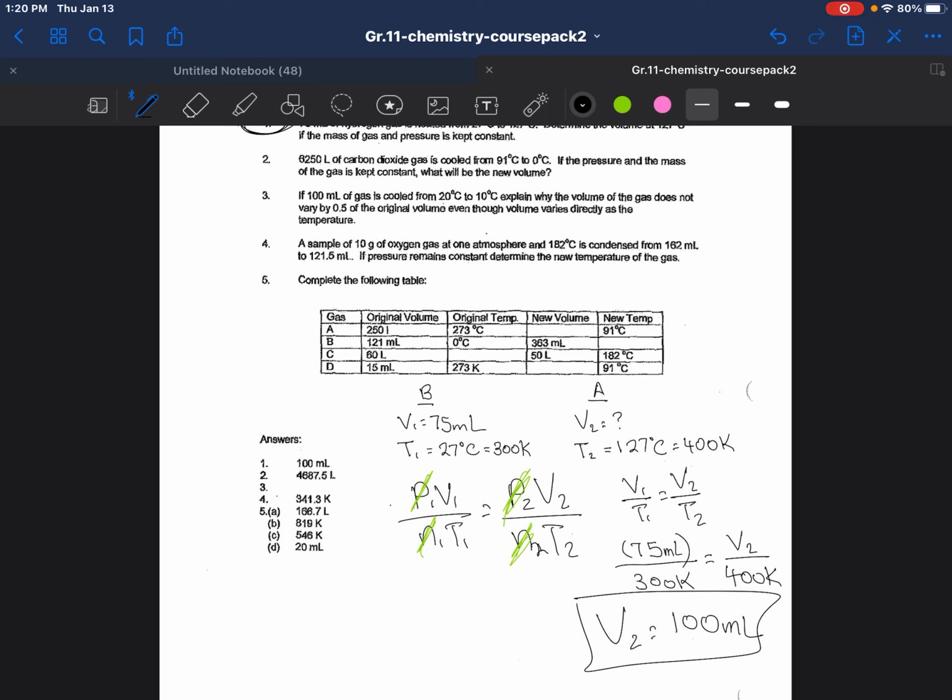So yeah, there you go. By increasing the temperature 100 Kelvin, your volume will increase by 25 milliliters to 100. Right? Kind of sick. Okay?